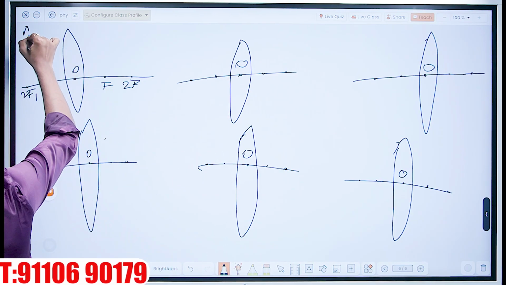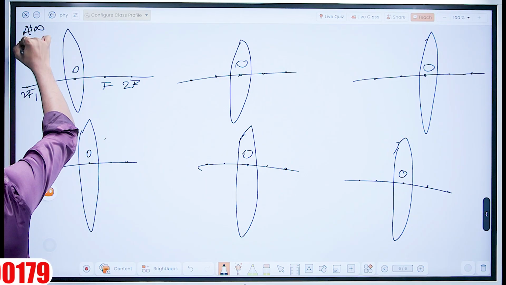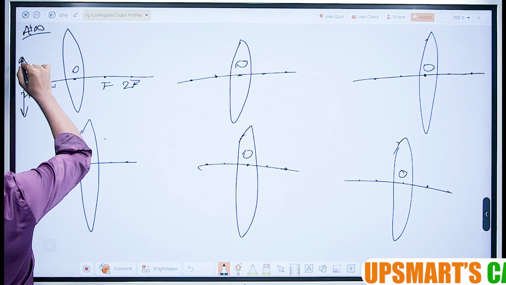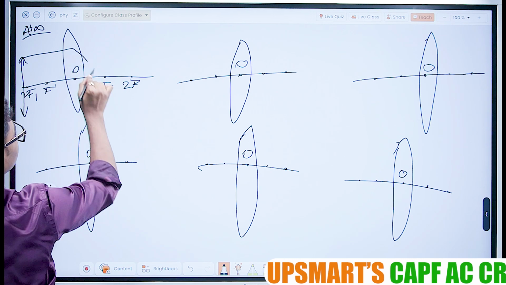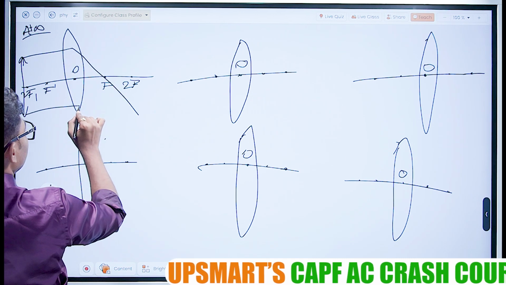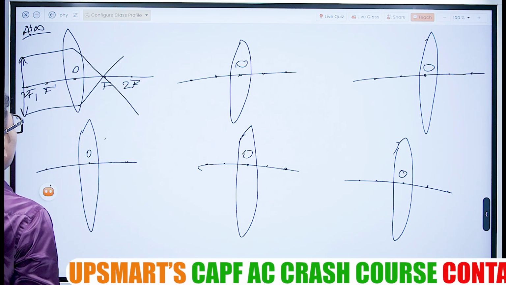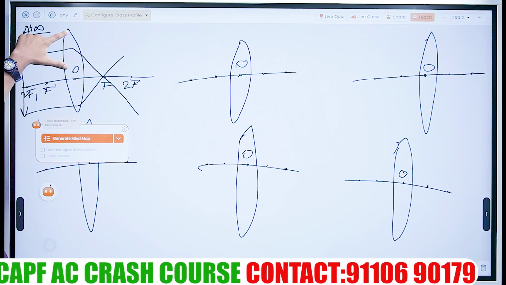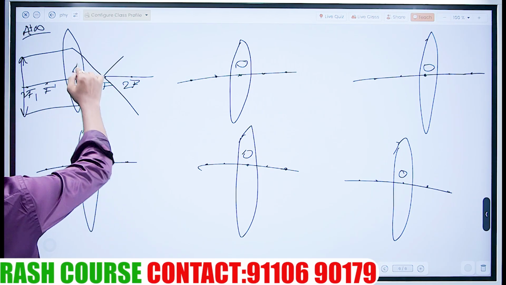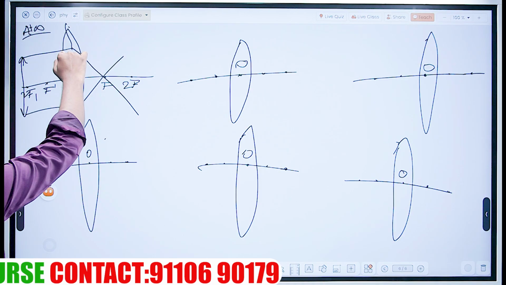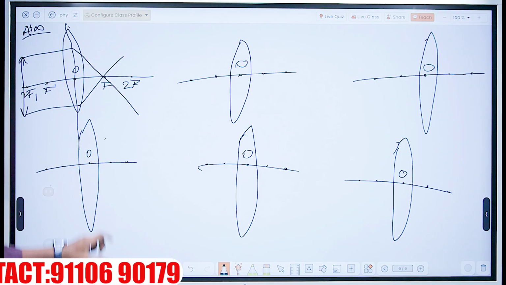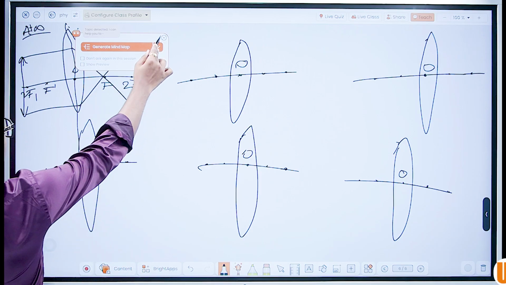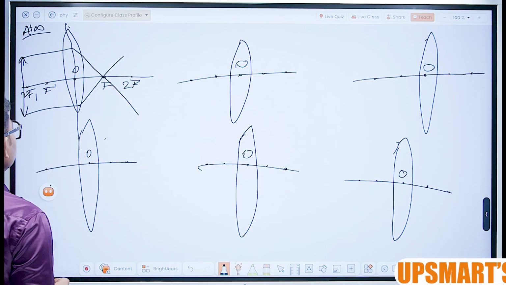When the object is at infinity, first case, the rays will be like this. They will converge at the focus. You may have a doubt about where the convergence actually takes place. It actually takes place at the center of the lens. The ray converges at the center of the lens, so it converges at the focus.